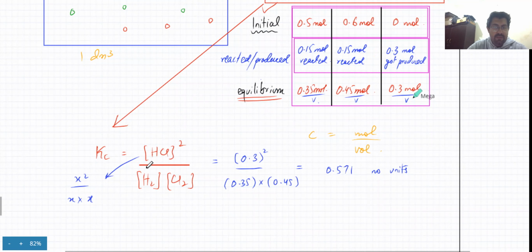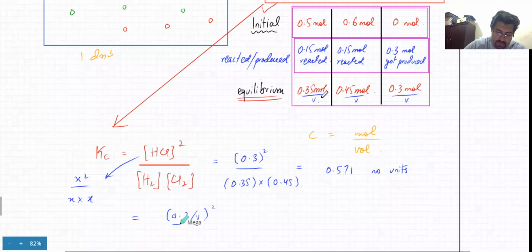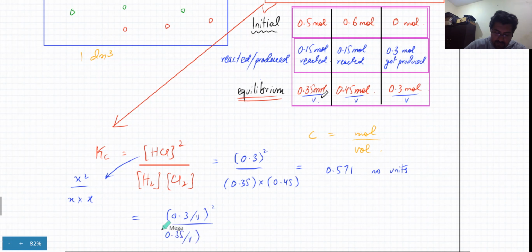There are two terms in the numerator and two terms in the denominator. So if I input these concentrations in terms of V as well, the V's are going to get cancelled out. It's going to be 0.3 divided by V, squared, and at the bottom it's going to be 0.35 divided by V multiplied by 0.45 divided by V.